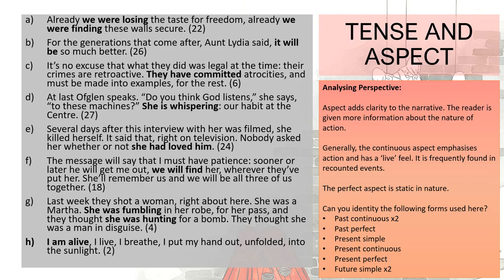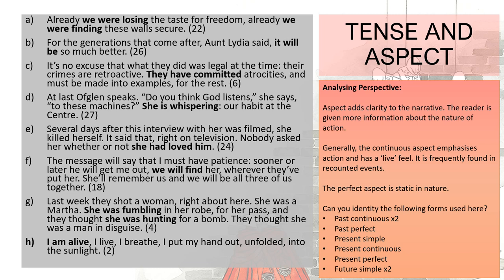So pause the video at this point, have a look at these examples from the text. There are 8 examples there. I've highlighted the actual verb forms in bold. I've foregrounded them in bold for you to look at. Using your knowledge of tense and aspect, are you able to identify the forms used in those 8 examples?